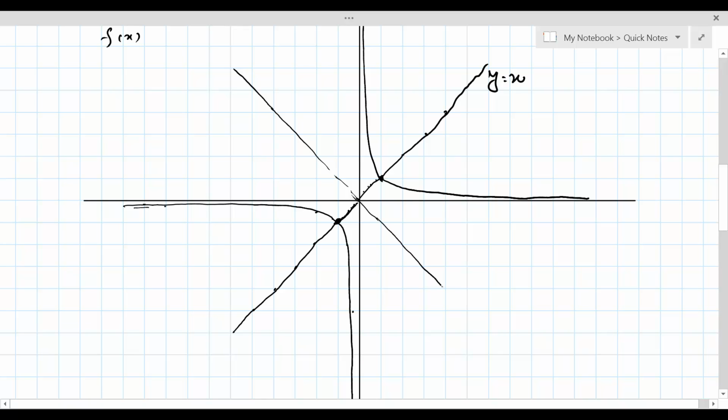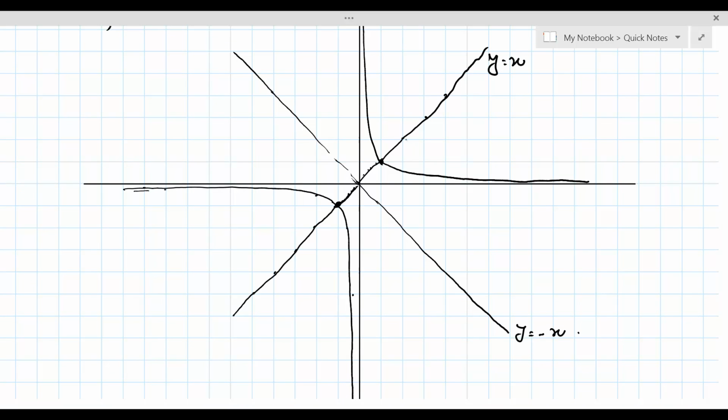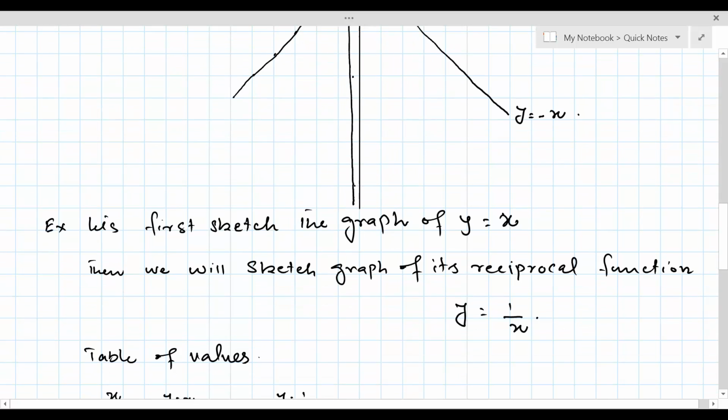So let's draw this line here, and the equation for this line is y is equal to -x. So these are the two lines of symmetry, and as you can see, the point 1, 1 and the point -1, -1 are two points which are common to both the graphs y is equal to x and y is equal to 1 over x.